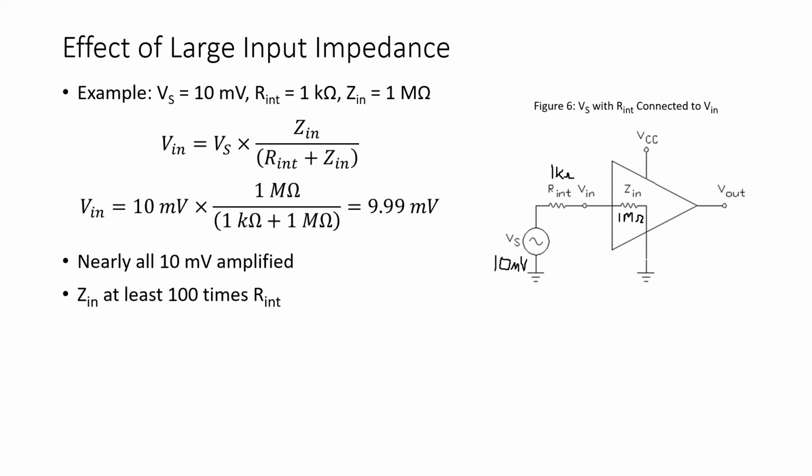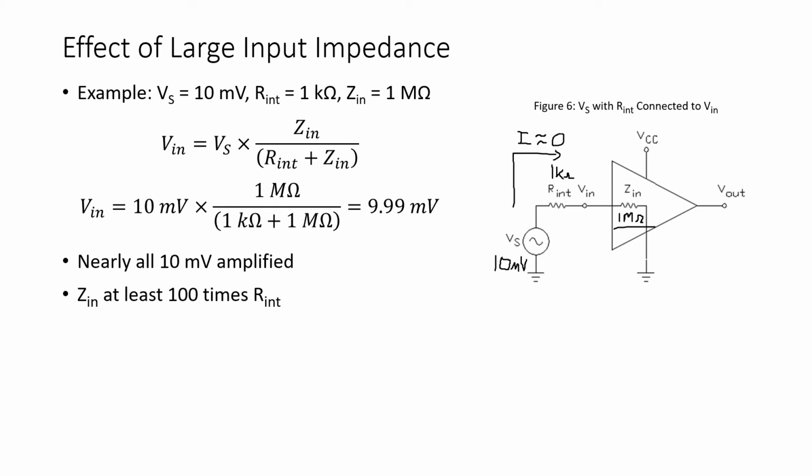The reason this happens is because of the 1 meg resistor for Zin, the amount of current that flows into the amplifier, I, is going to be really small, because we've got 10 millivolts divided by 1.001 megohms.